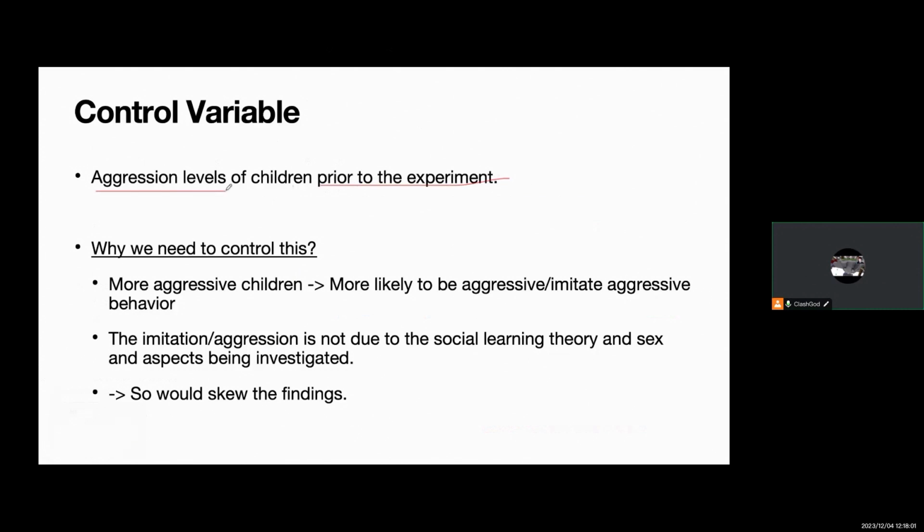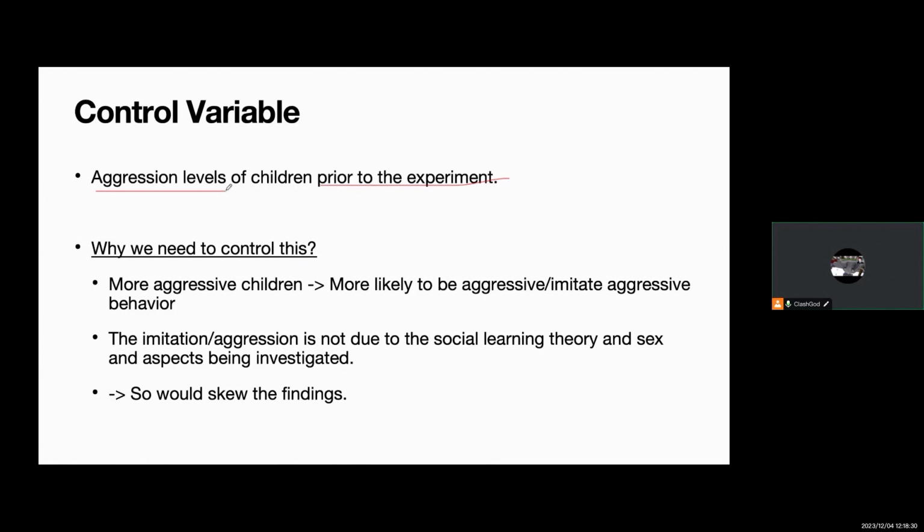So we know that we are investigating imitation of aggression in this experiment. However, certain children are naturally more aggressive. So they may be more likely to imitate aggressive behavior, which will influence the results. Or they may not have imitated the behavior of adults at all. They may have no model, but they're still extremely aggressive because they're more aggressive prior to the experiment naturally.